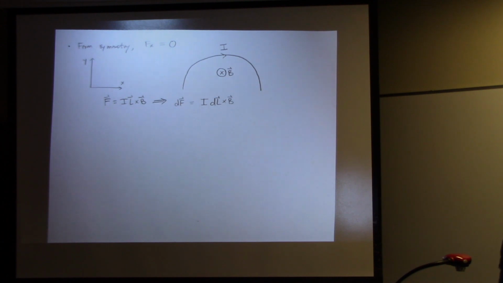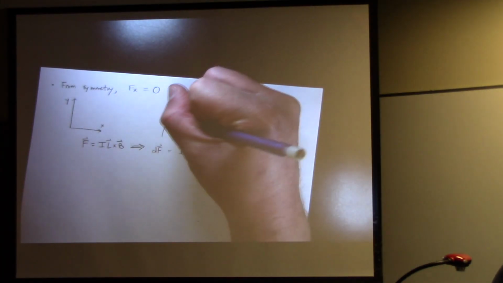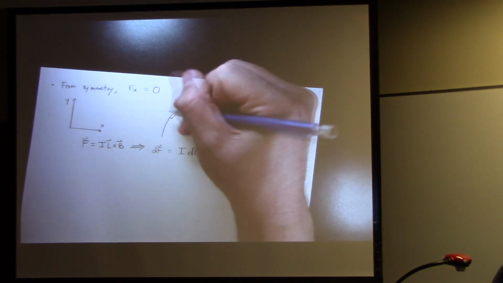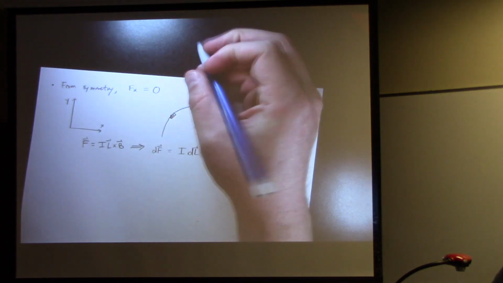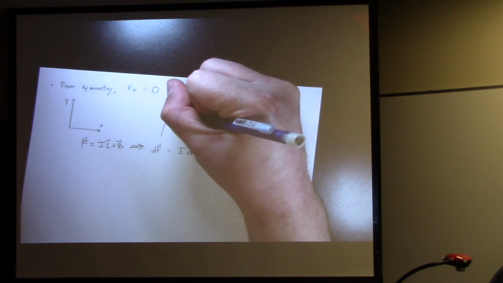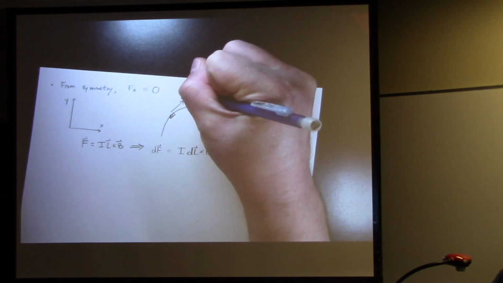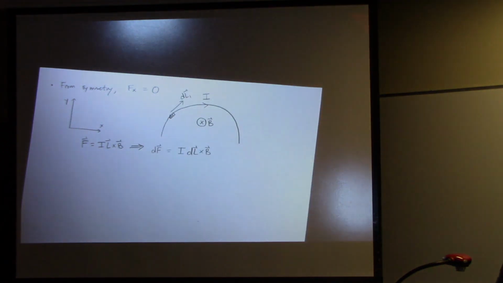Okay, so how about we start with something on this side of the loop. Let's have this be our dl, and let's actually call it dl1. And remember how these dl vectors work? They just point whichever way the current is going.